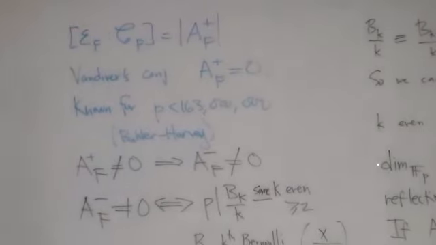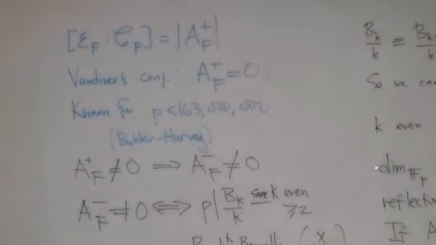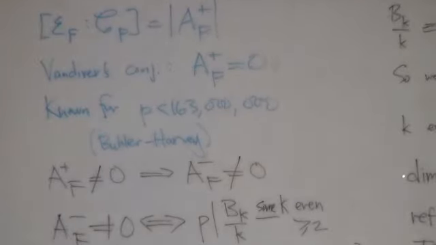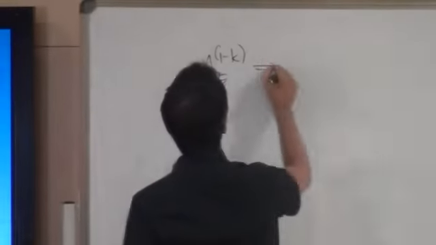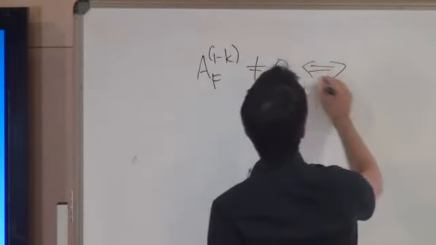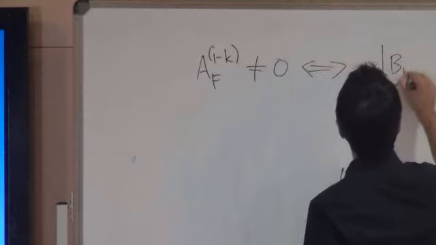So p divides B_k for some k even. Right. So A_F^(1-k) is non-zero if and only if p divides B_k.